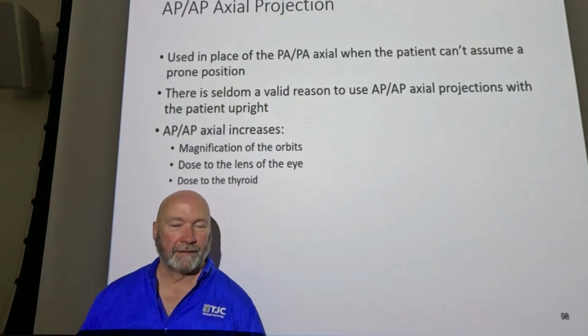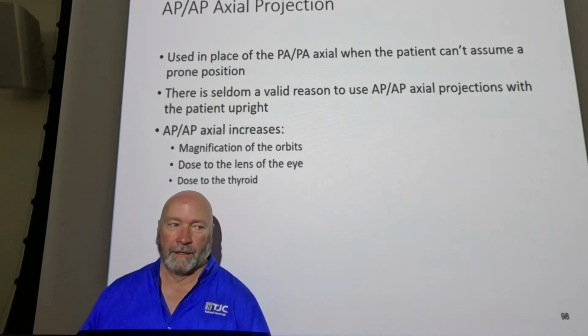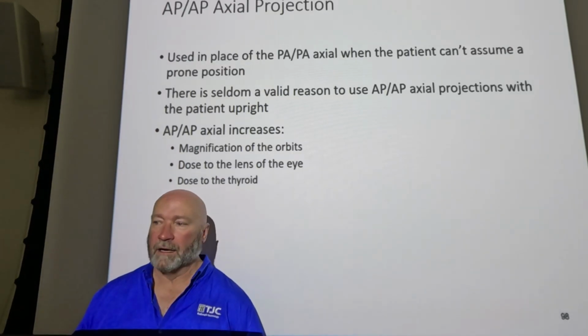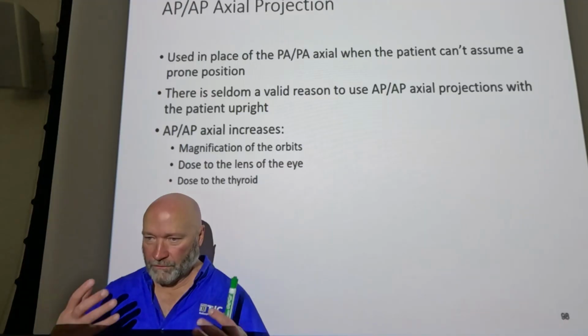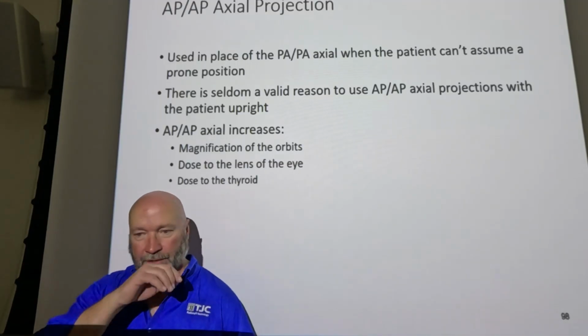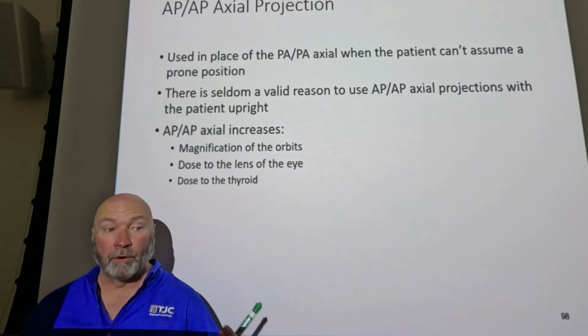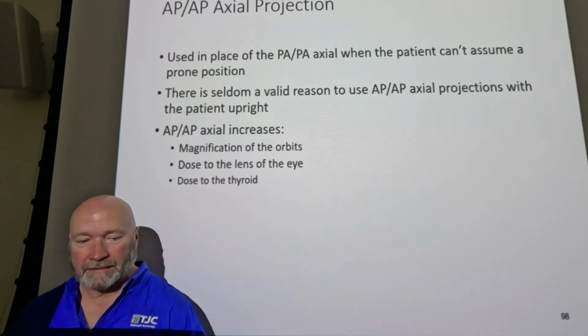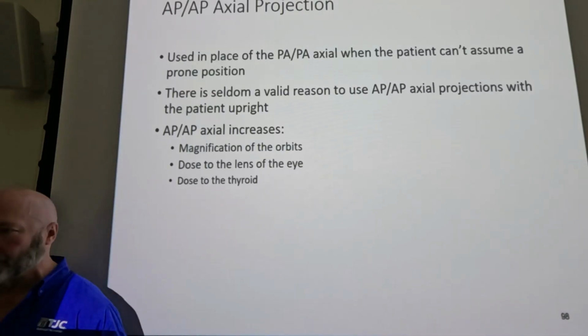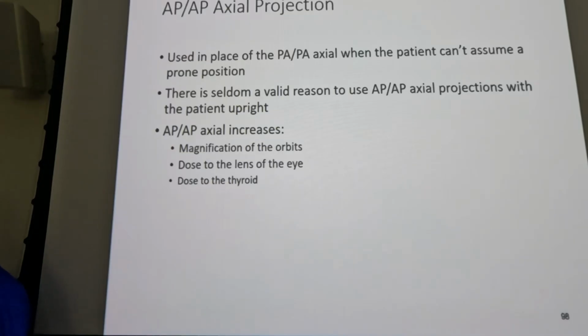Now, are you going to be able to tell that off of a single view? The answer is no. You don't know what size of orbit that patient has unless you have both a PA and an AP. But still, carry that all the way through the registry. Your orbits are going to be magnified on AP versus PA. What else are you going to have if you shoot AP?